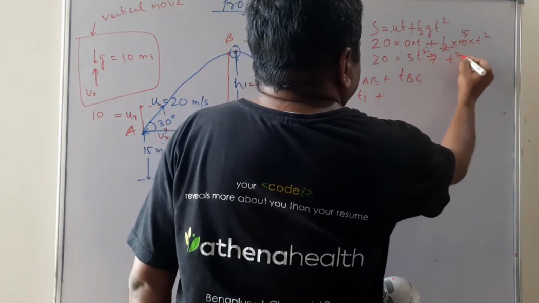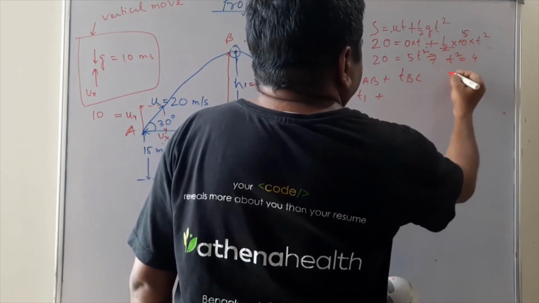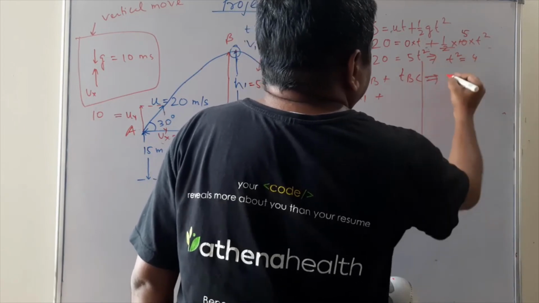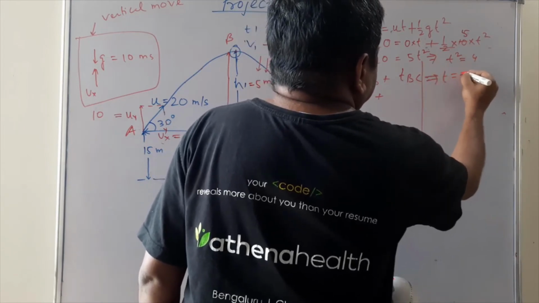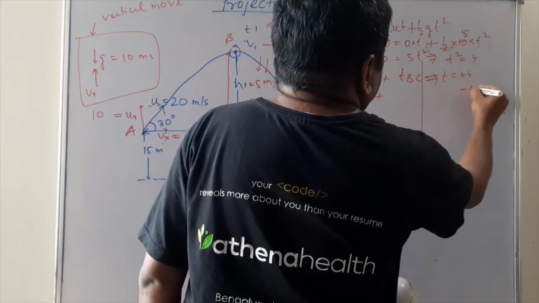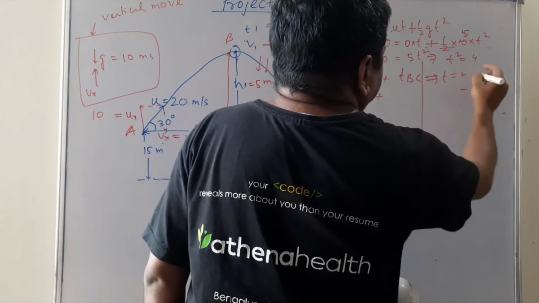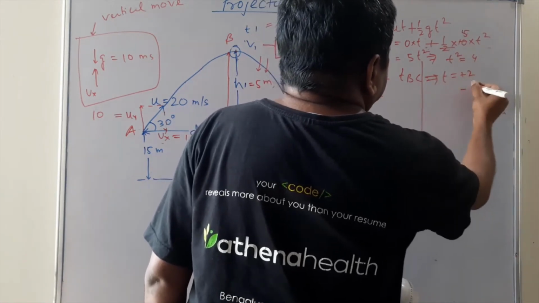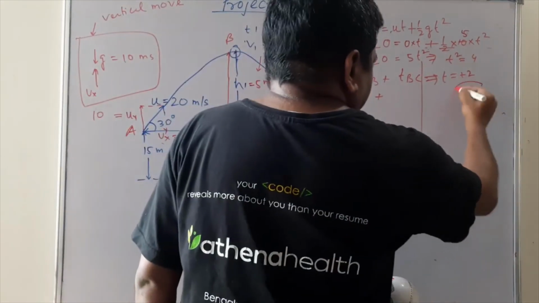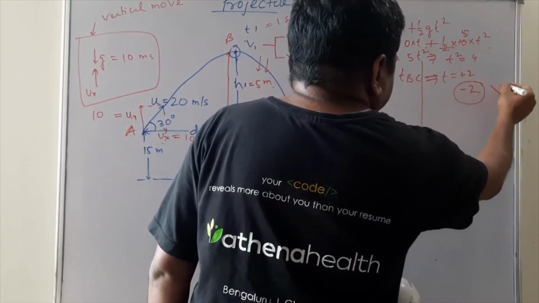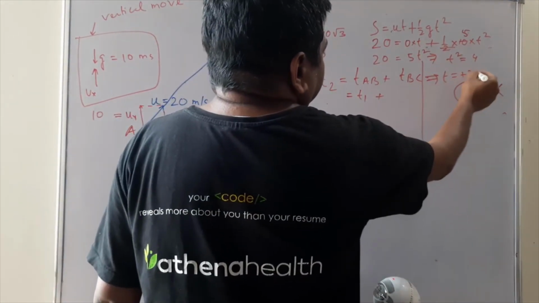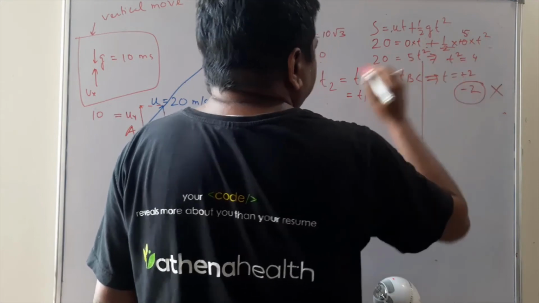So t square equals 4 and t equals plus 2 and minus 2. Time cannot be negative, so discarding this, t is equal to 2.